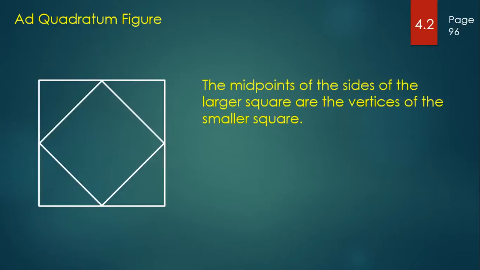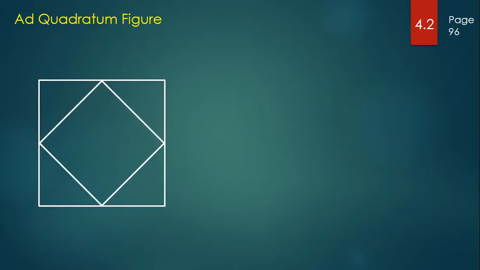And what's important is that the midpoints of the sides of the larger square are the vertices of the smaller square. And we also said that you could continue to nest these squares as many times as you wanted to. But what we're going to be looking at is not all of these nested squares. We're just going to construct this figure.